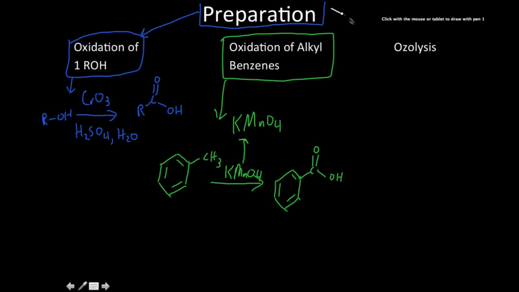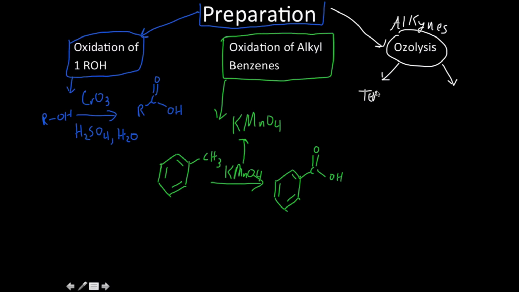Cool. And then the other way that we can make this is by ozonolysis, or ozone hydrolysis, as some people call it. And there are two types of things. Remember that when we're talking about this, you're talking about alkynes, and there are terminal alkynes, this should all be review, and then internal alkynes.